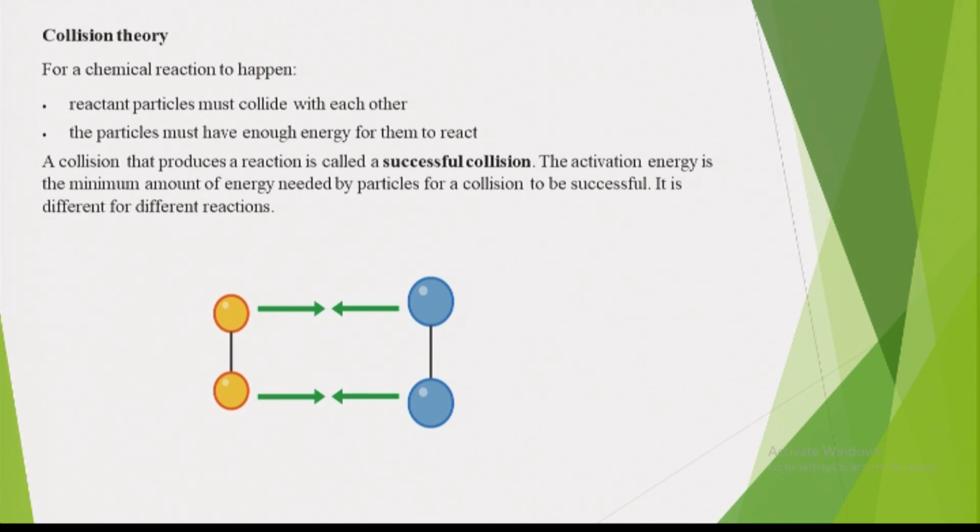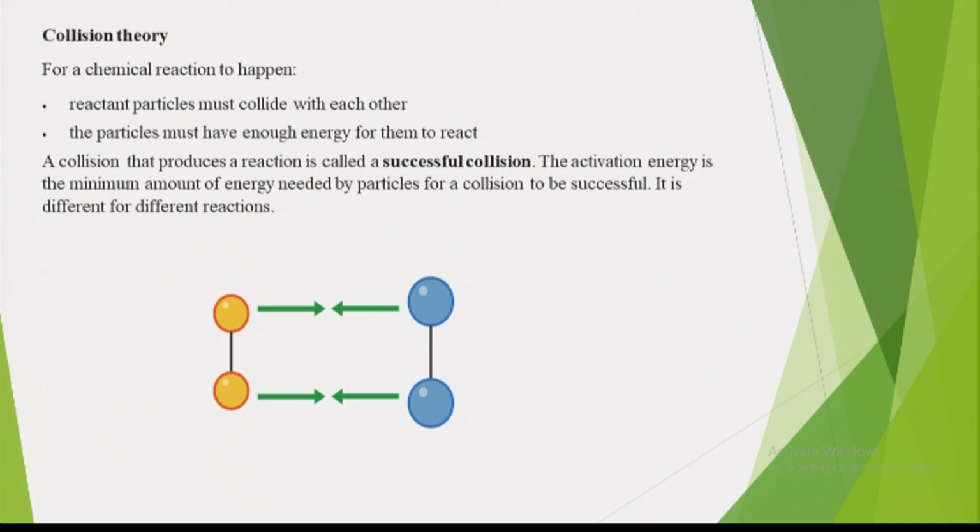As I said, they may come together but not react; they bounce off each other. So they have to collide with a certain amount of energy. A collision that causes the reaction to take place is called a successful collision.